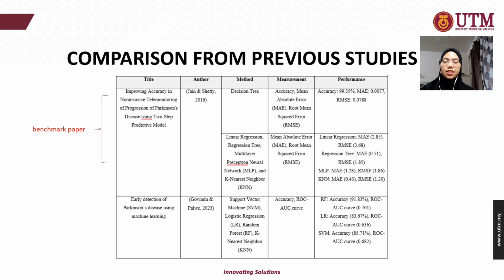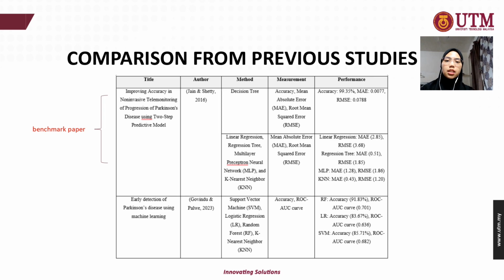In previous studies, various methods have been employed to predict Parkinson's disease. The benchmark paper here used decision tree and some regression models, and the performance involved accuracy, root mean squared error, and mean absolute error. Therefore, my research aims to enhance these results by using random forest. Initially, my research will focus on regression models, as what the benchmark paper has done, but by utilizing random forest for feature selection.